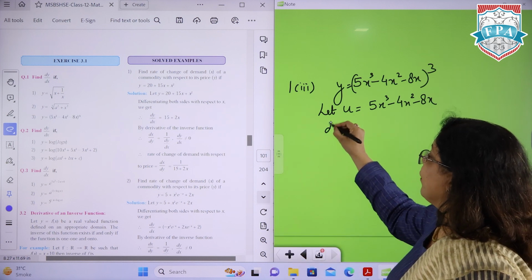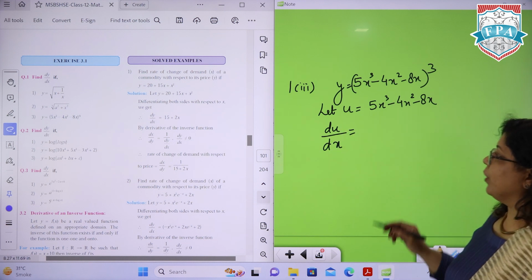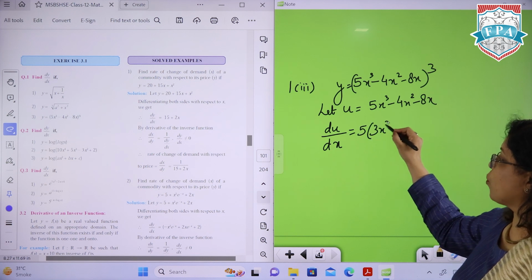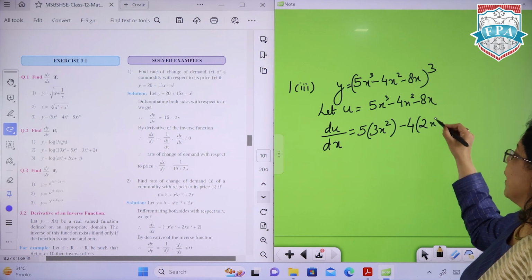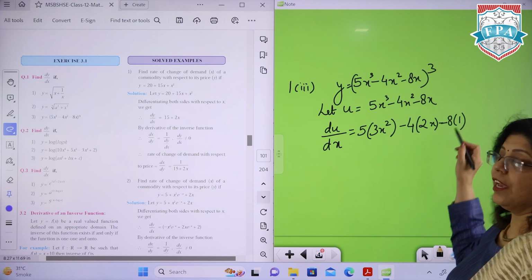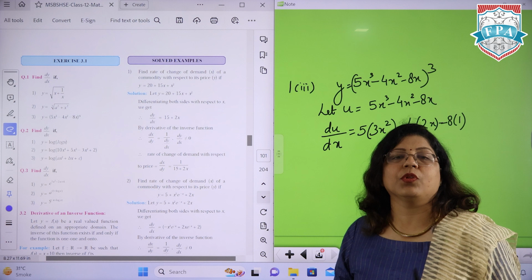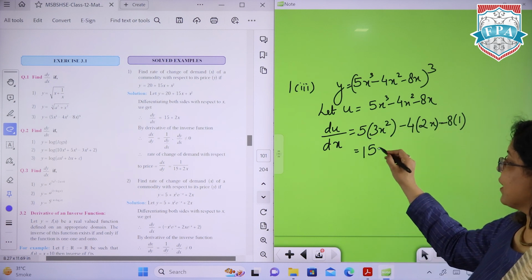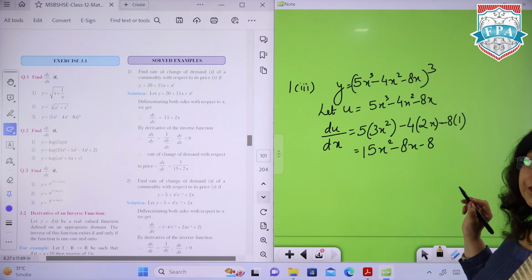So du by dx becomes 5 times 3x square, 4 times 2x, and minus 8 times 1. I hope this part is clear because this is the basic part of differentiation using the formula for x to the power of n. Now when we calculate, it's 15x square minus 8x minus 8.